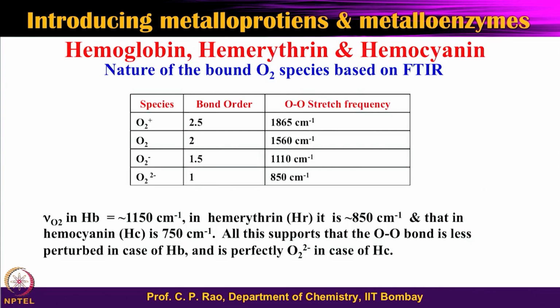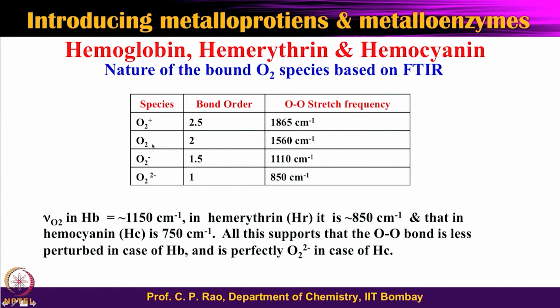Now, let us look at all the cases. In the hemoglobin you find a stretching vibration around 1200 cm inverse, in hemerythrin around 850, and in hemocyanin 750. O2 has a bond order of 2 and gives a vibration in the 1500 range.